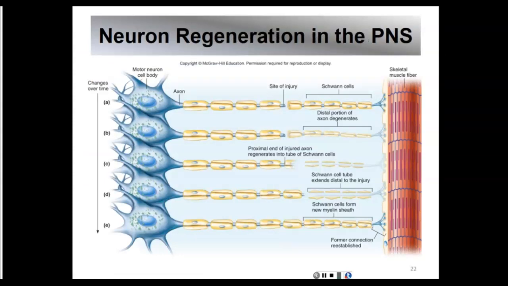So here's showing that regeneration in the PNS. You can see on the axons further down, it's not close to the cell body. It's been damaged, and those Schwann cells will degenerate, but the neurolemma is still there, and so it regenerates and forms new cells, and then it will connect back with the previous axon.